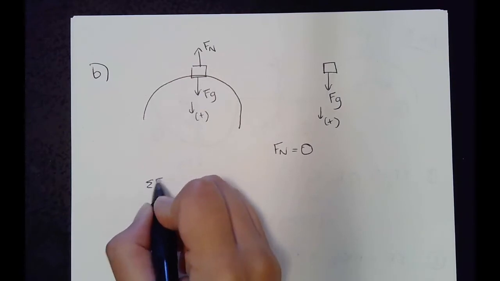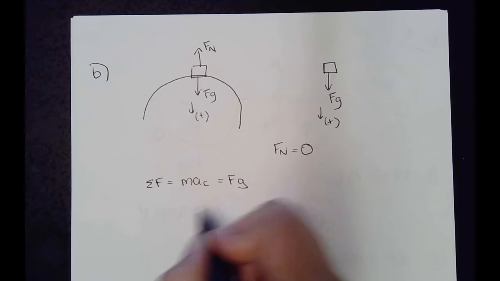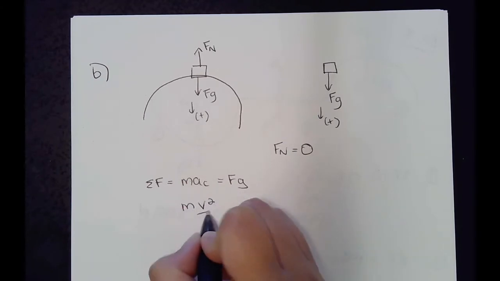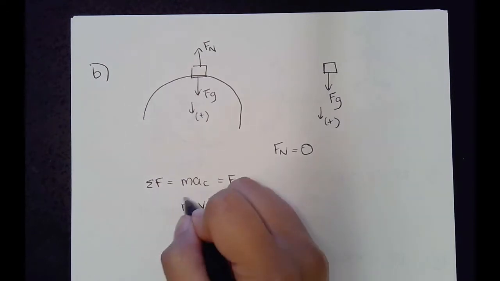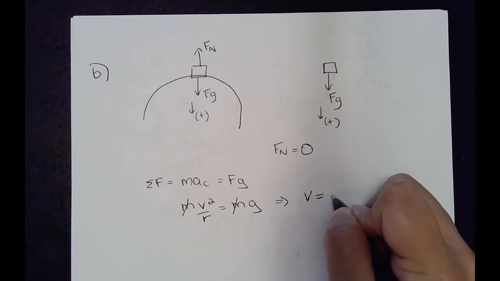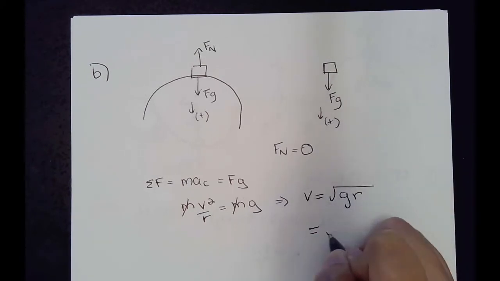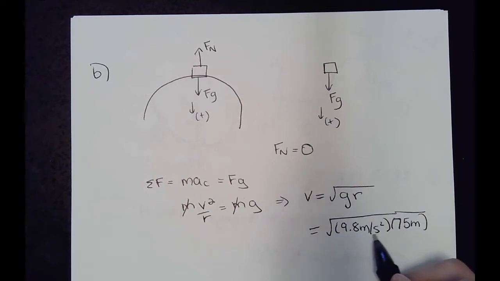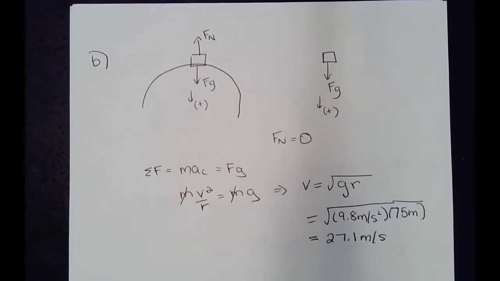So we'll have the net force equal to mac, which equals Fg. So mv squared over r equals mg. And notice that the mass cancels, and the speed is v equals the root of gr. So it's a nice short expression we get here. 9.8 meters per second squared times 75 meters, which is 27.1 meters per second.